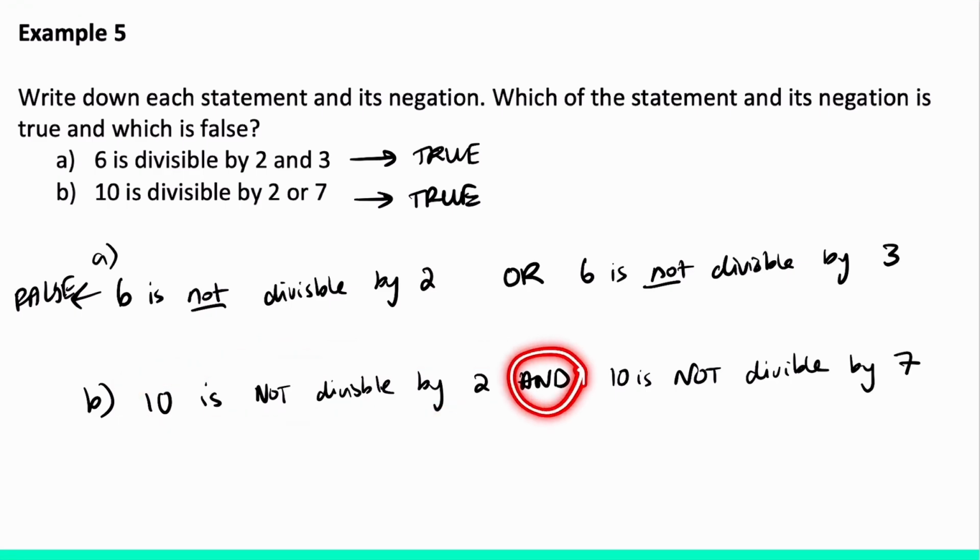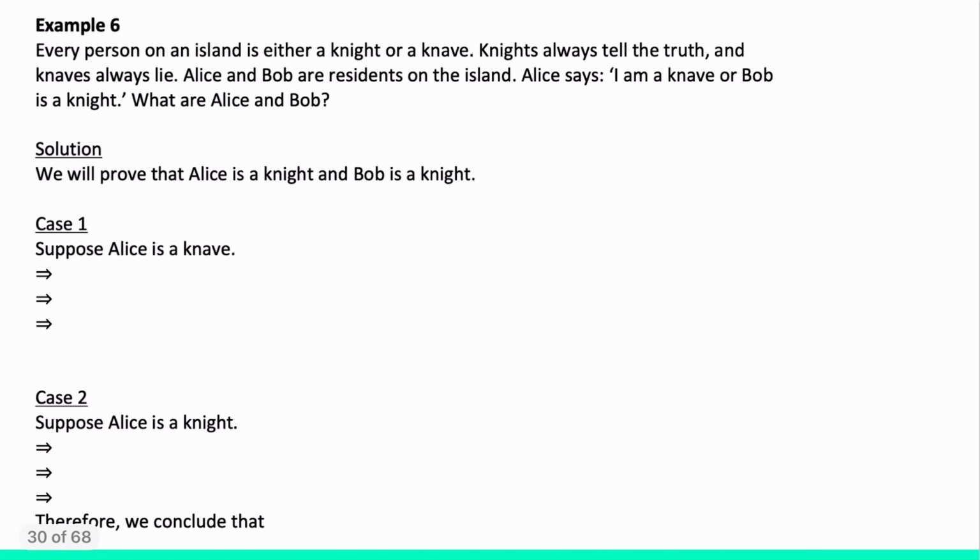And because it's an and statement, and means I need both of these premises to be true. And in this case, they're not both true. So this overall is going to be false. So you can see how when I negate something that has an and statement, I need to consider both of them separately, and I change the or to the and vice versa.